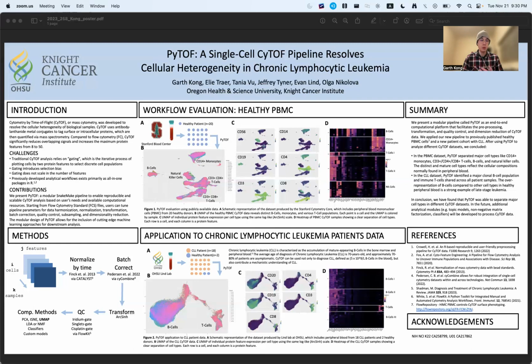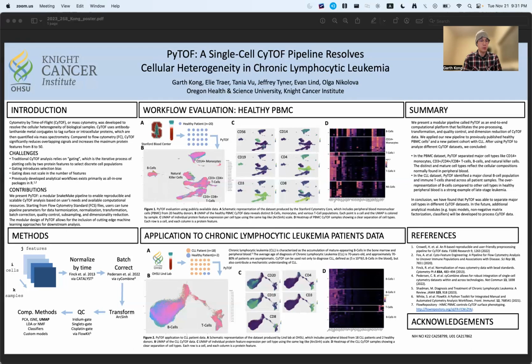In previous publications, most packages have been written in R. So in this project, we present PyTOF. It's written in Python using SnakeMake, and it's helping us to analyze CyTOF data in a more scalable way.